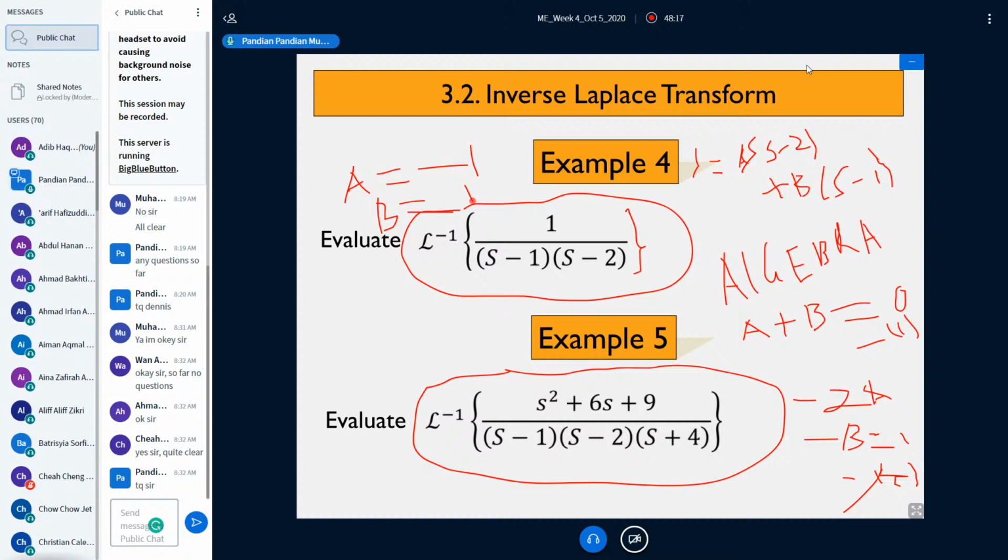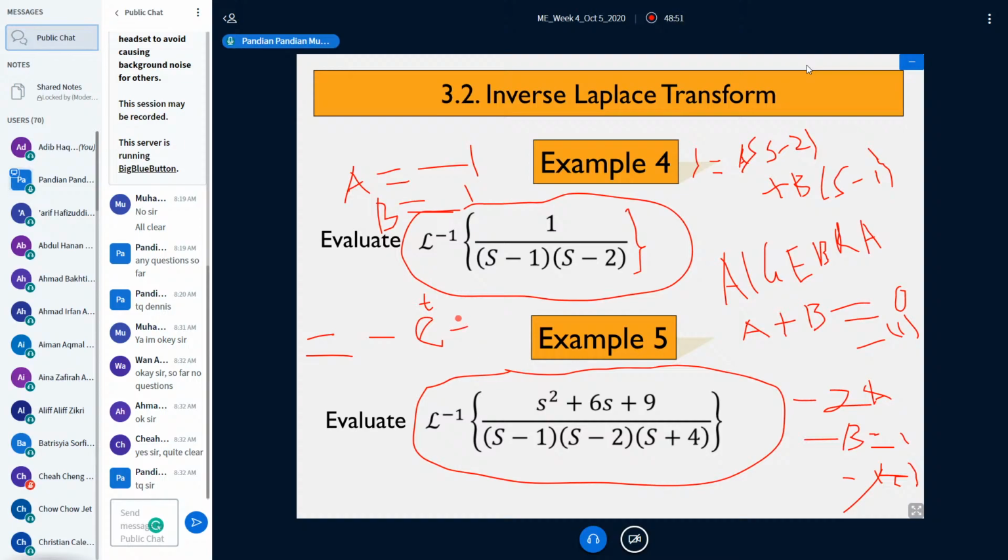So if you put a as minus 1, b as 1, the inverse Laplace of minus 1 over s minus 1, the final answer is minus e power t, because your a is 1. And then plus b, 1 over s minus 2, so your answer is e to the power at, where a is 2.